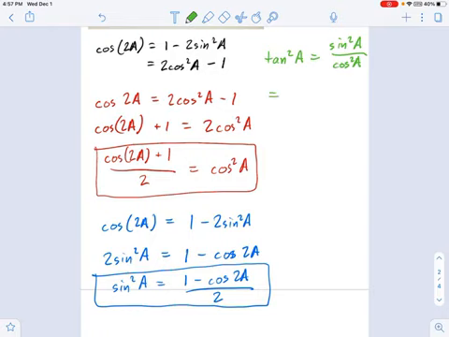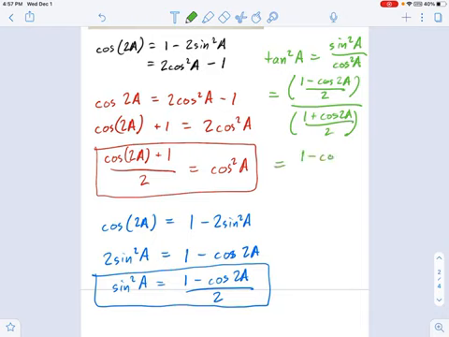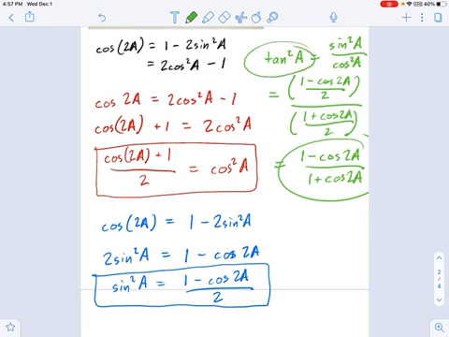So tangent squared a is going to be, and bear with me here, 1 minus cosine of 2a all over 2, divided by 1 plus cosine of 2a all divided by 2, right? Now, those divided by 2's are going to cancel out. If you do your keep flip change, you're going to see some things cancel out, and here's what we get: 1 minus cosine 2a over 1 plus cosine 2a. Okay, that is our tangent squared identity.